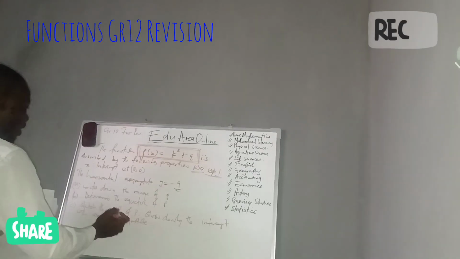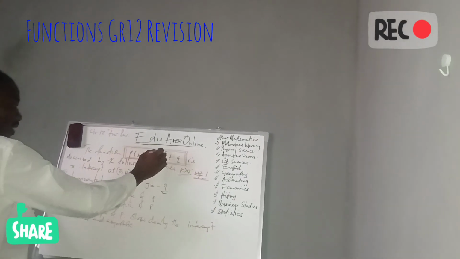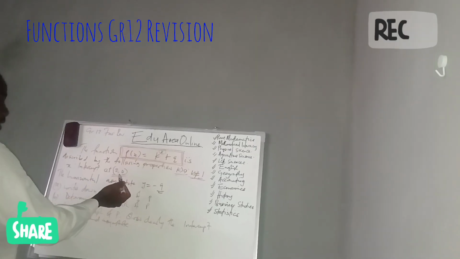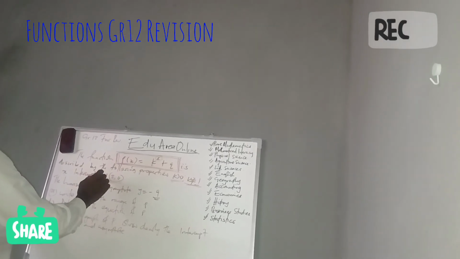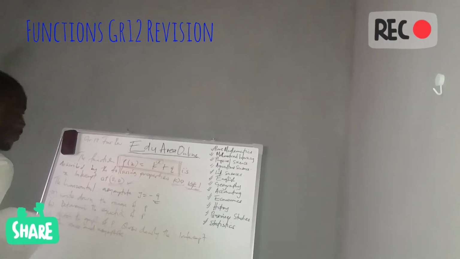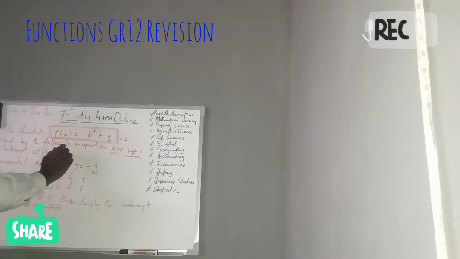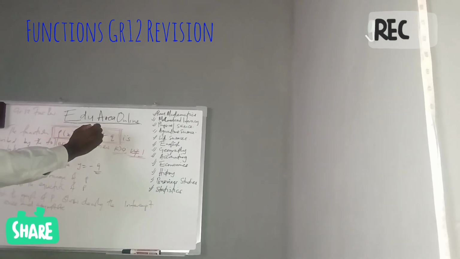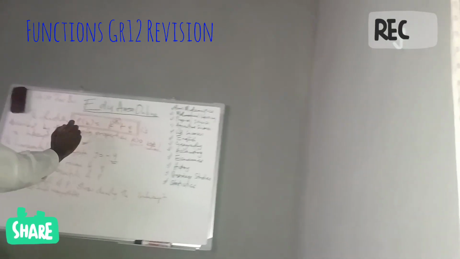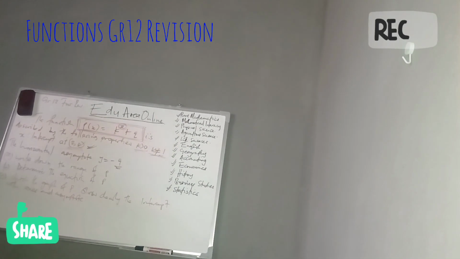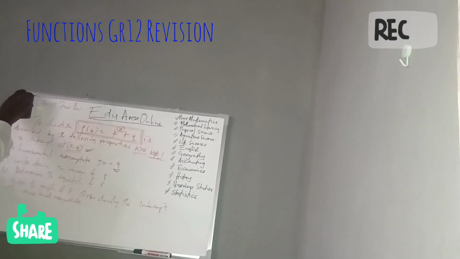The properties of k. The x-intercept is at (2, 0). That means we could have another x-intercept, but since it's an exponential with one x, we don't have any other x-intercept like the parabola, where we have 2 intercepts.